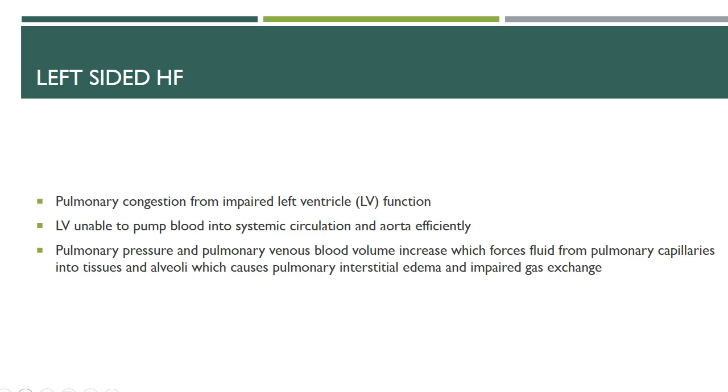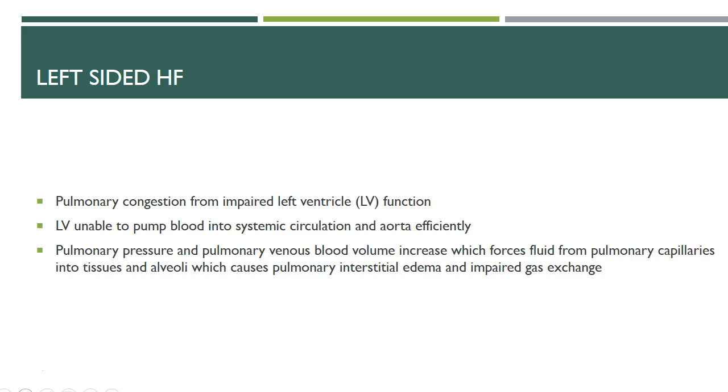With left-sided heart failure, you have pulmonary congestion because your left ventricle is not working appropriately. The left ventricle is not able to pump blood into the systemic circulation, and the pulmonary venous blood volume is increasing, and this causes the capillaries to force fluid into tissues and alveoli, and thus causes pulmonary interstitial edema and impaired gas exchange.